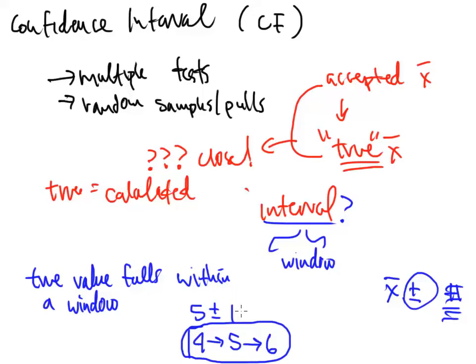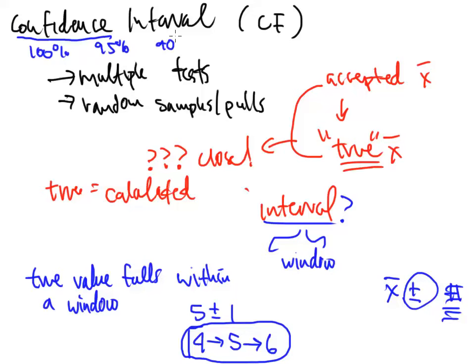So confidence is something else that we assign. And confidence interval, are you 100% sure that it falls within this window of 4 to 6? Okay. Are you 95% sure that it falls within this window, 4 to 6? No? All right.